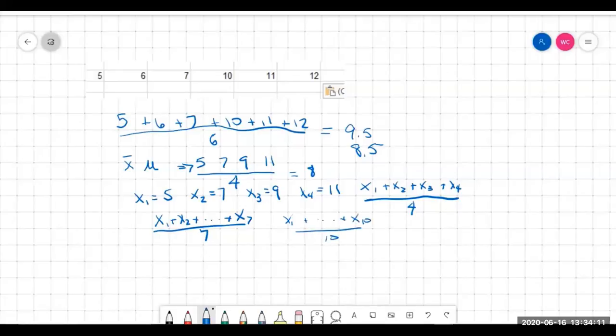So if we want to be general about it, it would be x1 plus, all the way up to xn, and then we just divide by n. This is the general formula for x bar.